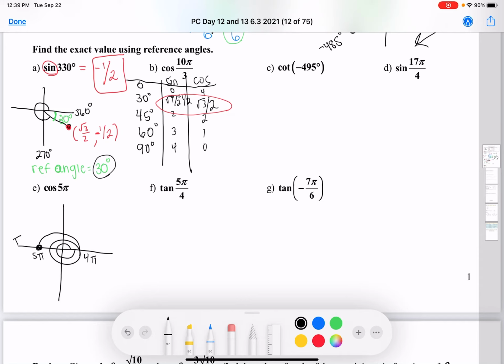We know that the 180 degrees that we're at is the same as pi, and so pi then would be our reference angle. Now, I would just recommend if you land on an axis, just think about the unit circle with its radius.